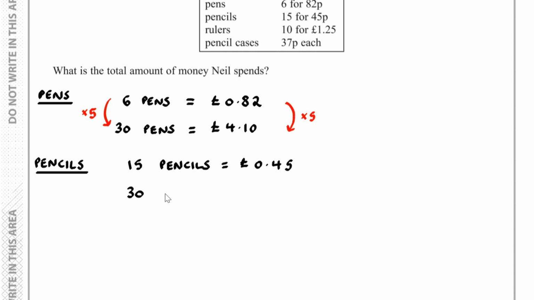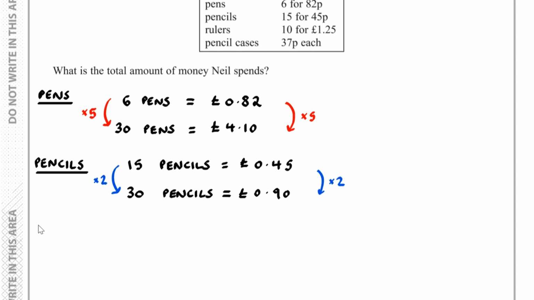So 30 of them will equal, well, what I need to do here is multiply by 2. So I get £0.90 or 90 pence.